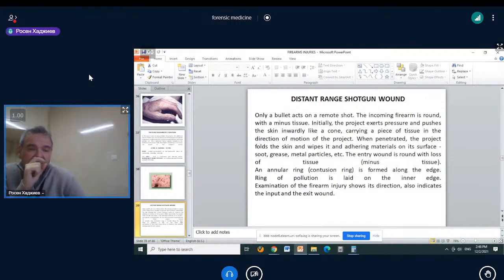That's why anytime when I see this typical wound with missing tissue in the middle, surrounded by this ring of abrasion, we can conclude that this is the entrance wound caused by a firearm.